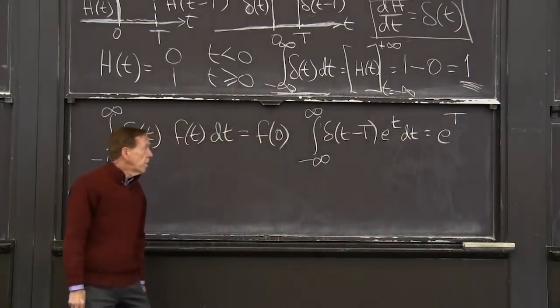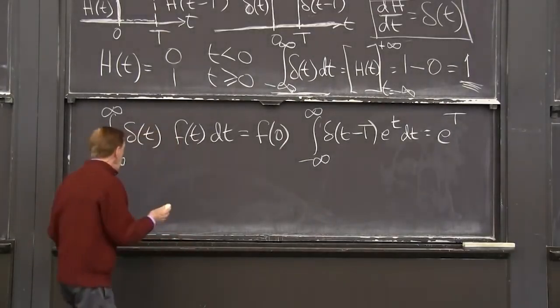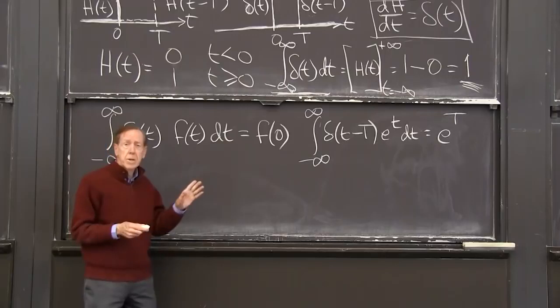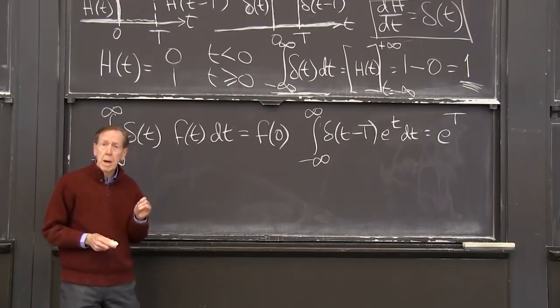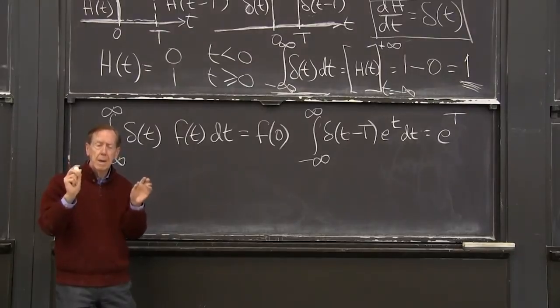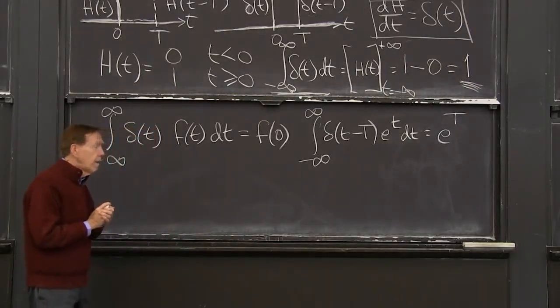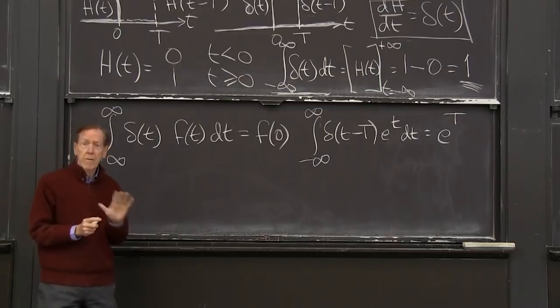Okay. So now let me use the delta function as the source term in our differential equation. So we're seeing one more time the delta. I still call it a nice function, even though it's not legitimately a function at all.